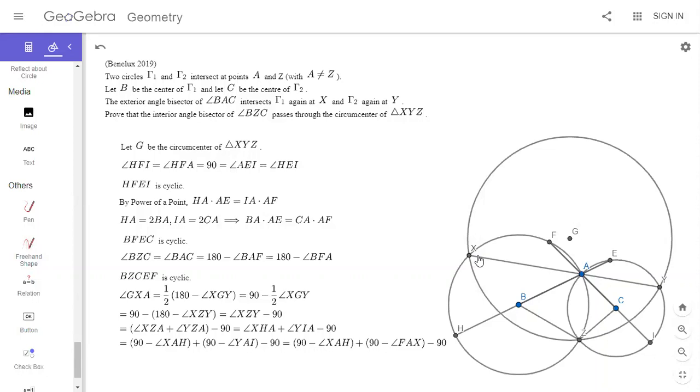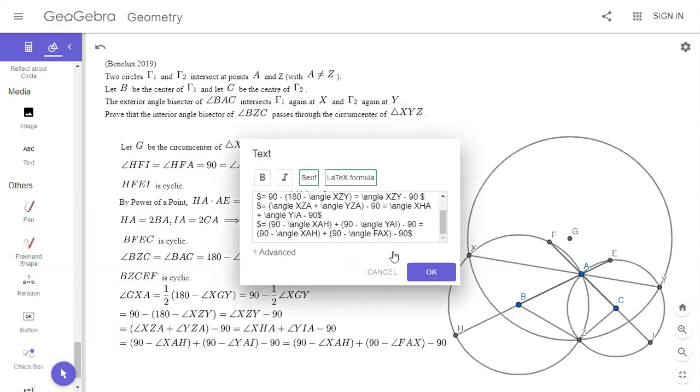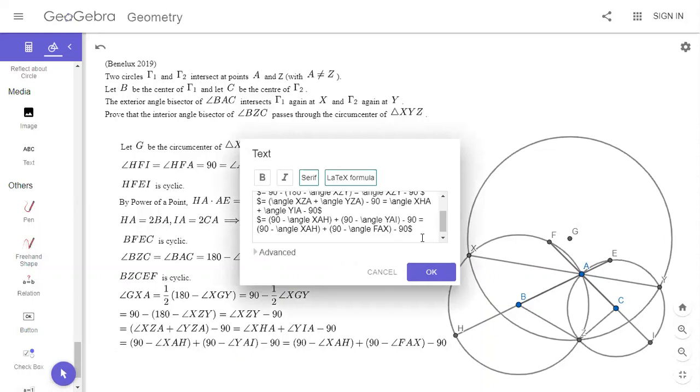Yeah, what am I doing here? So this would be 90 minus angle FAH. Yeah, okay. So this is kind of complicated, but it gets the job done.